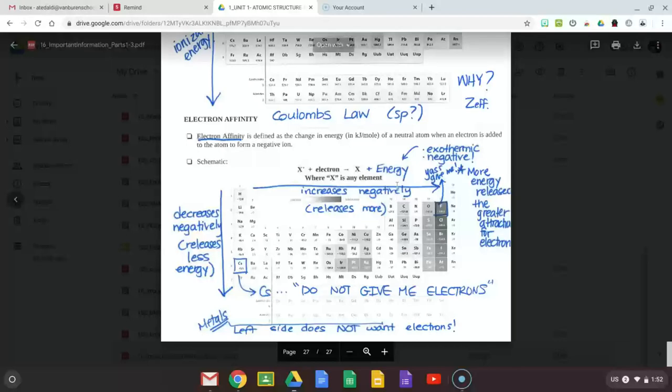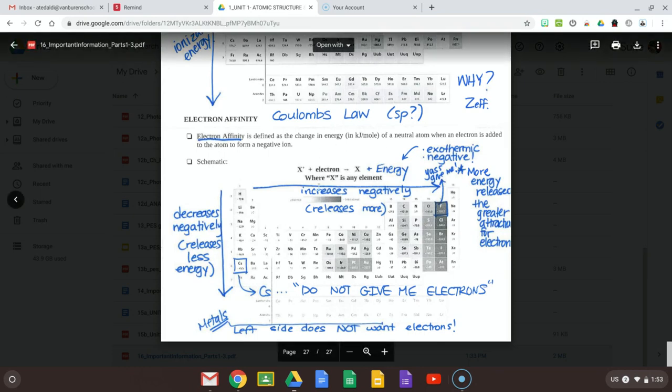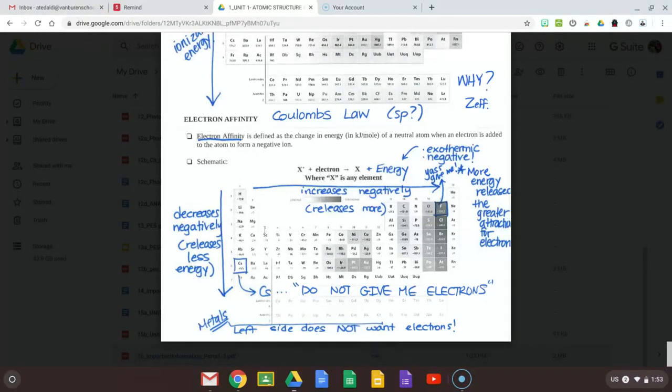So metals or elements that are lower in a group are like, I don't care about electrons, don't give them to me, I'm not going to pay that much energy. Non-metals or things closer to fluorine really want electrons. They will give up a lot of energy and pay energy for them. So remember that trend for electron affinity.